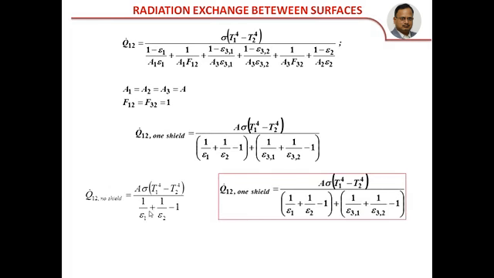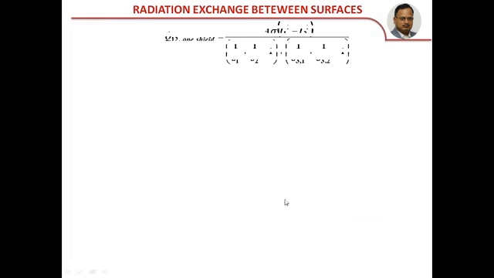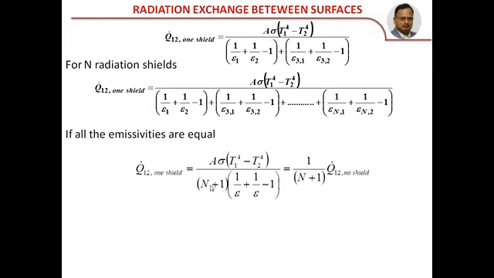So Q with no shield is 1 term. Q with 1 shield, you have 2 terms. Suppose you have Q with 2 shields, you have 3 terms, and if you have 3 shields, you have 4 terms, like that. So for n radiation shields, you will have totally n plus 1 terms.